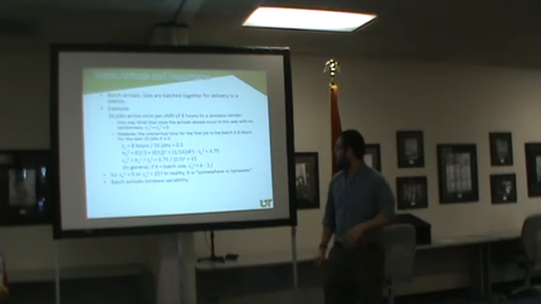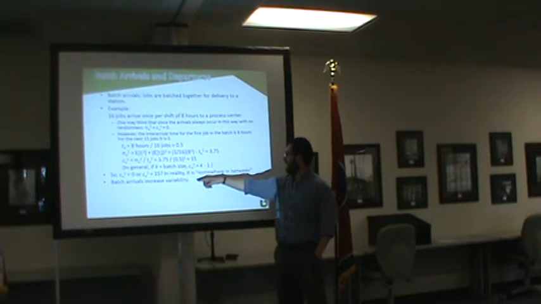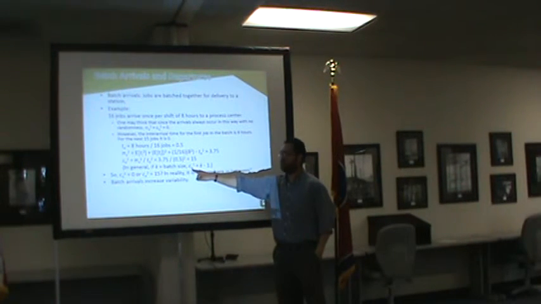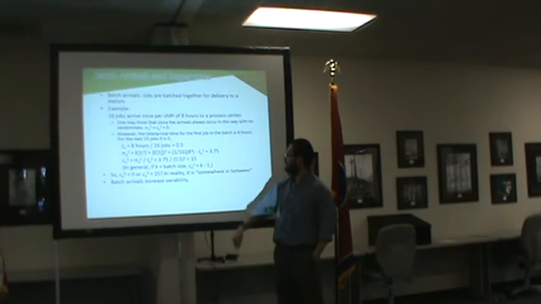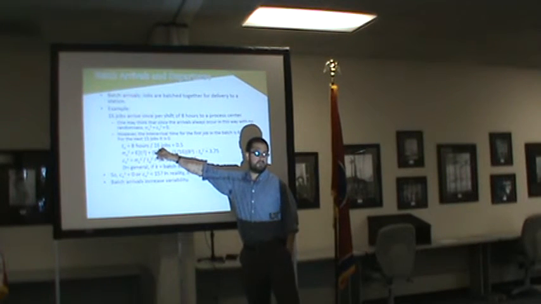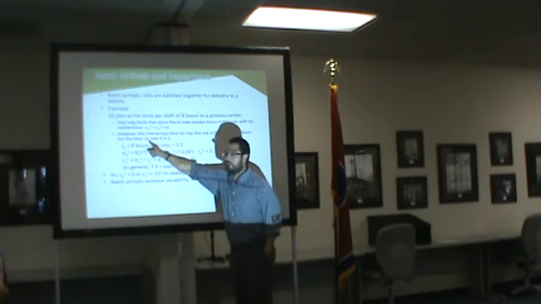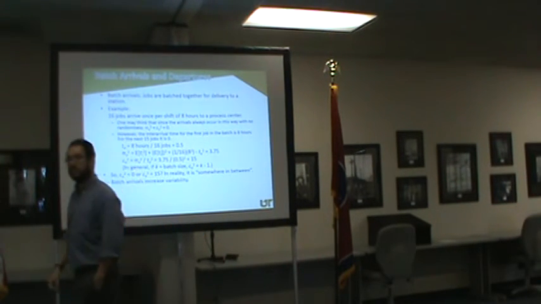So what does that mean? In general, if k equals batch size, the coefficient of variation squared would be k minus 1, which is 16 jobs minus 1 equals 15, at coefficient of variation 0.